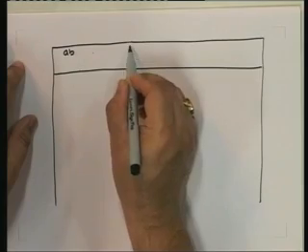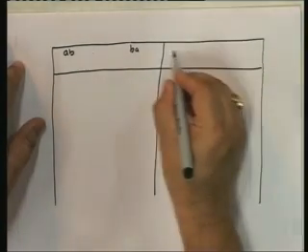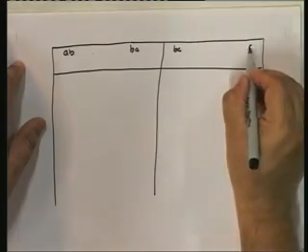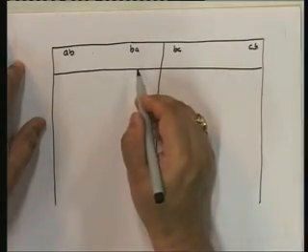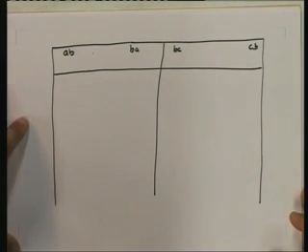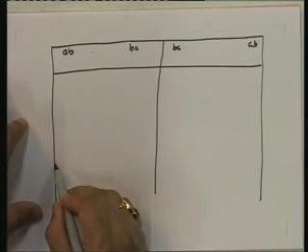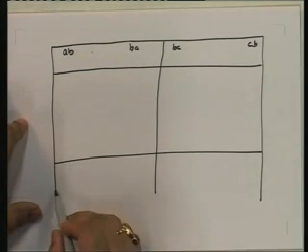AB, BA, this is member AB, this is BC, CB. Now let us see what the distribution factors turn out to be. Let me just do the distribution factors at this point.